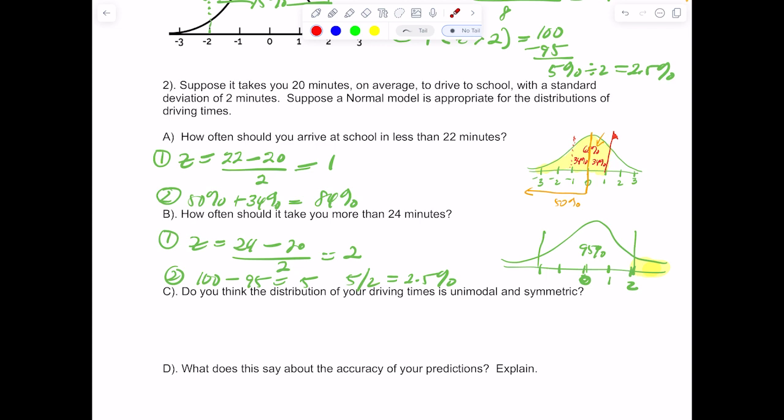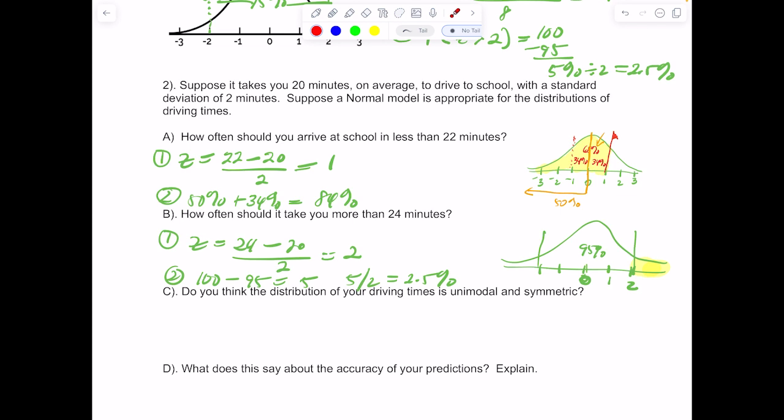Now, we just did all that work. Do you think the distribution of your driving times is unimodal and symmetric? I would say no, because there might be traffic incidents or some outliers, accidents, a traffic light broken, whatever. I would say it would be more skewed to the right, because the traffic incidents would increase the time.